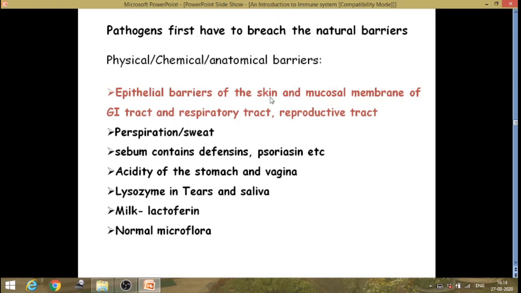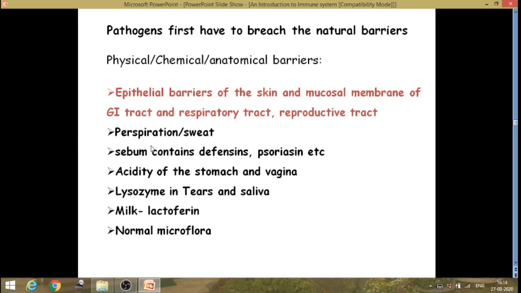The other thing is that skin has sebaceous glands, which produce sebum. Sebum is an oily, waxy material which contains defensin, psoriasin, and some other antimicrobial compounds.